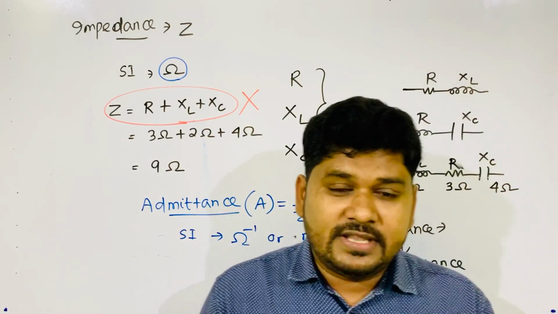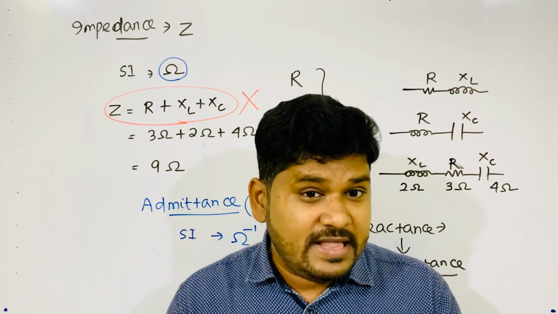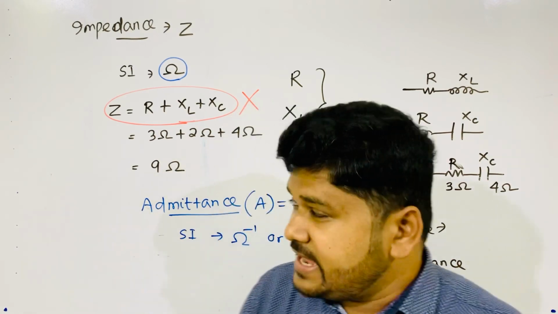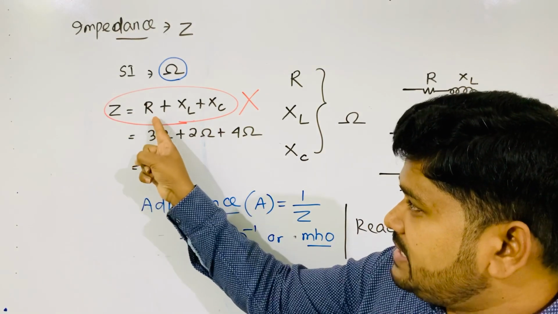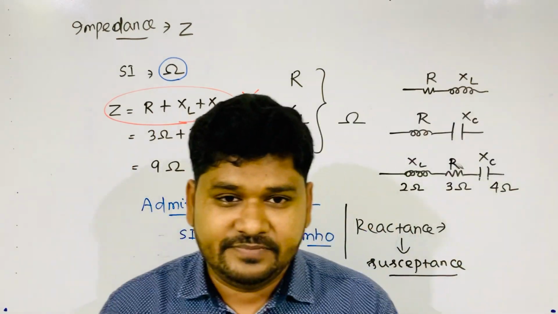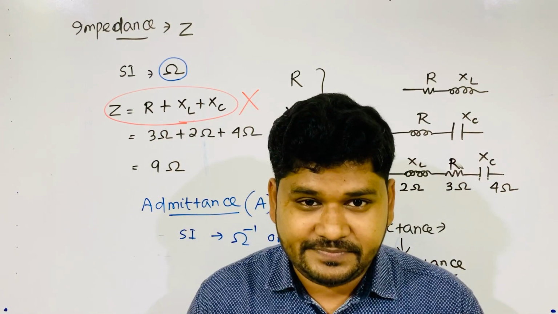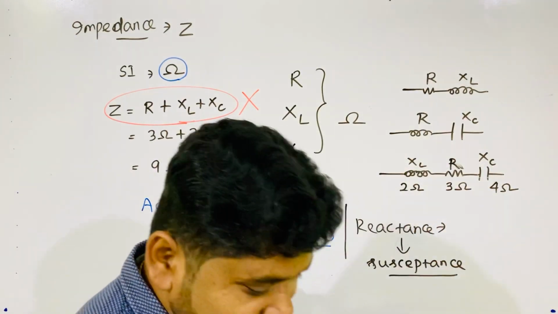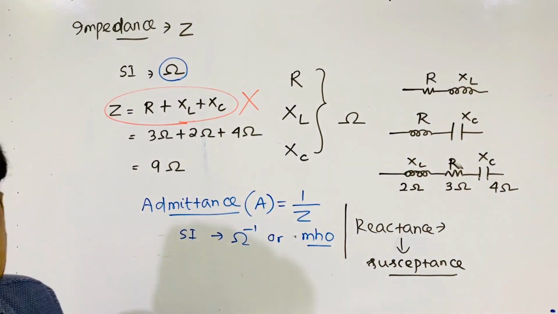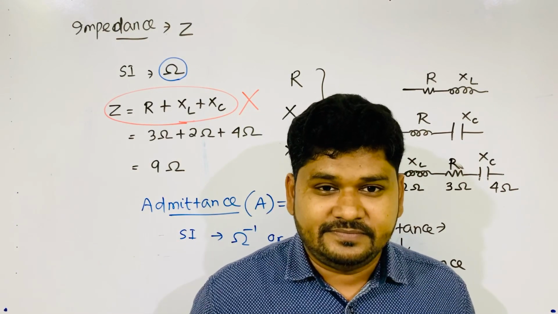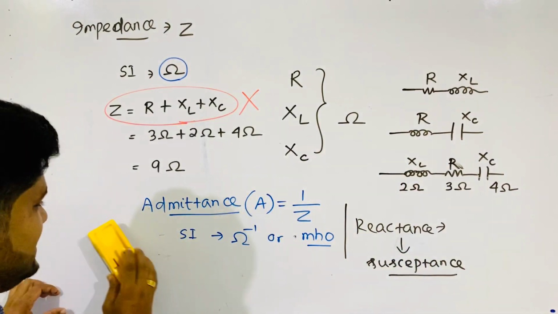So now you got the idea about impedance, but one thing is still a question mark: what is the expression of Z in terms of R, XL and XC? Now I am going to that. To get the answer for this Z expression, we'll discuss the series LCR circuit.